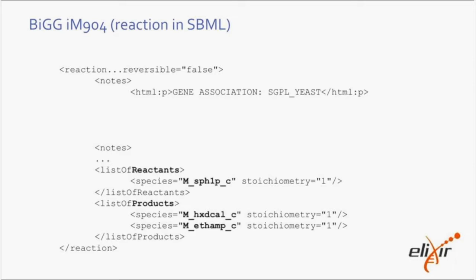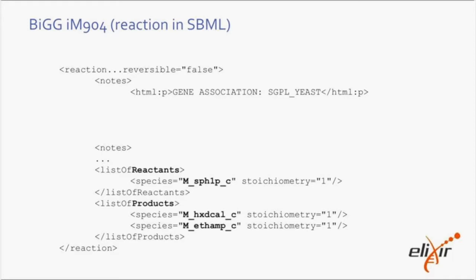So we see a list of reactants and a list of products, and these are represented using text labels. The M at the beginning of the label specifies that this is a metabolite. The C at the end says this metabolite is in the cytoplasm, and the intervening abbreviation gives the user the nature of the metabolite.